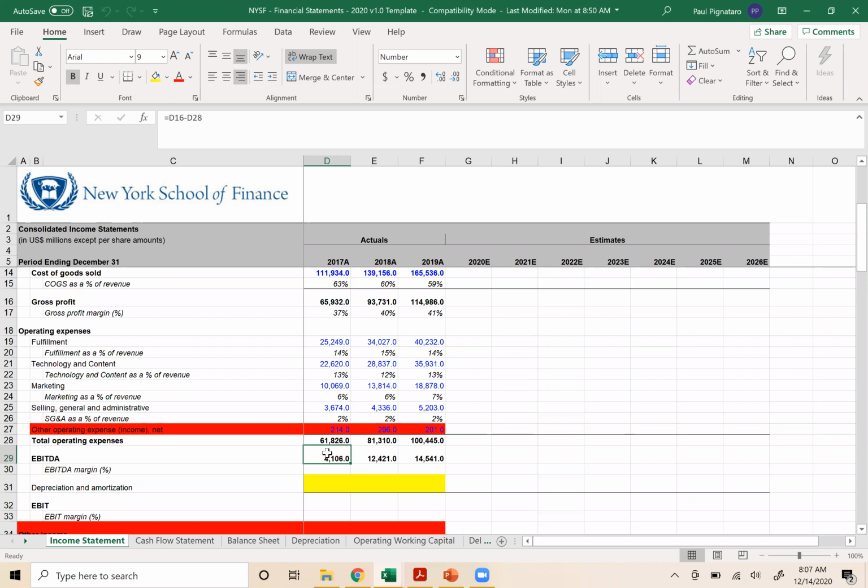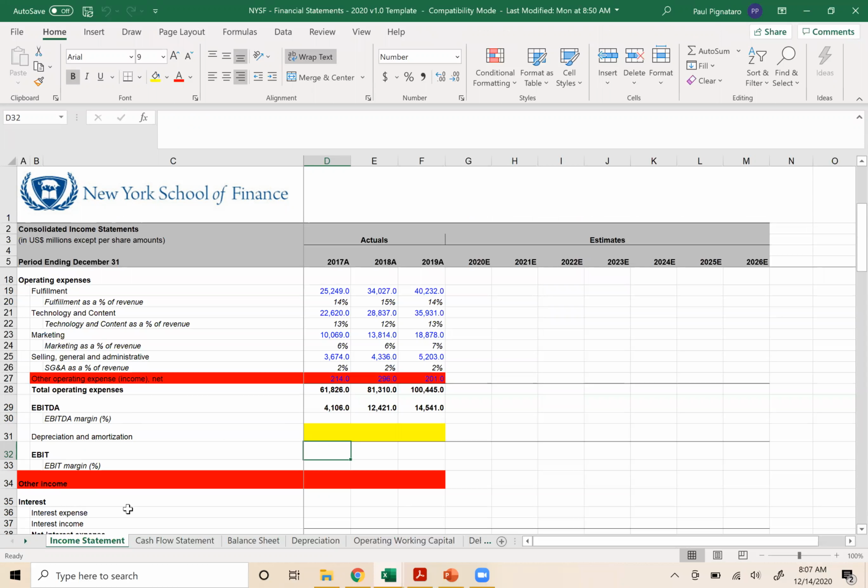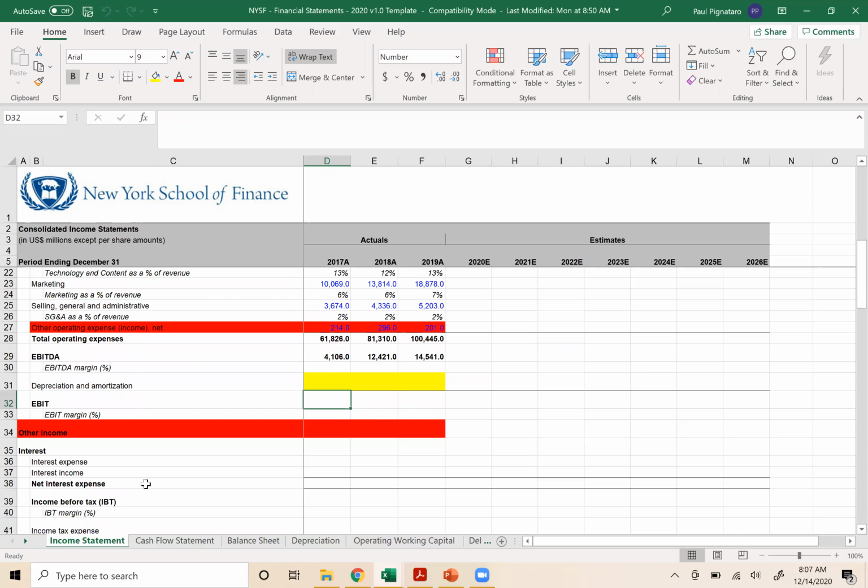Okay, so in order now to build from EBITDA down to net income, we have to subtract the components of EBITDA. So we need to subtract out depreciation and amortization to get from EBITDA to EBIT. We then have to subtract interest to get from EBIT to EBT. Then we remove taxes to get from EBT to E.